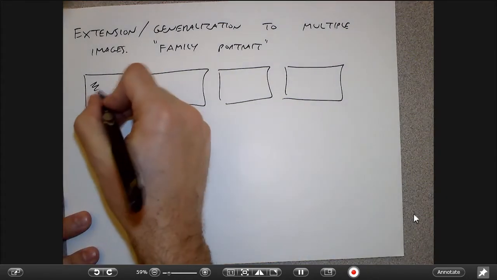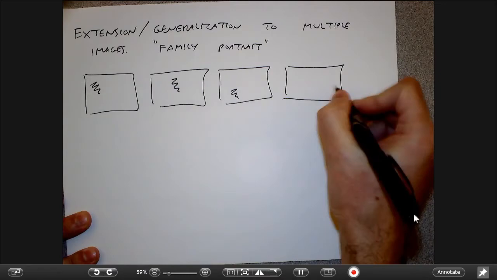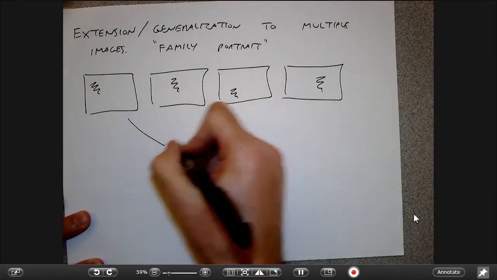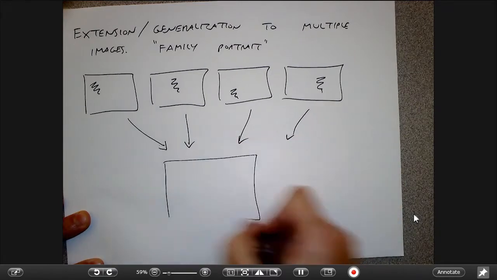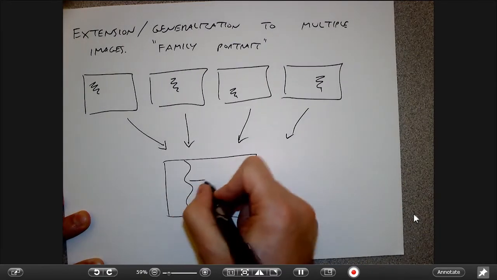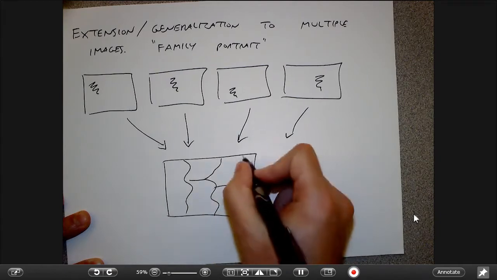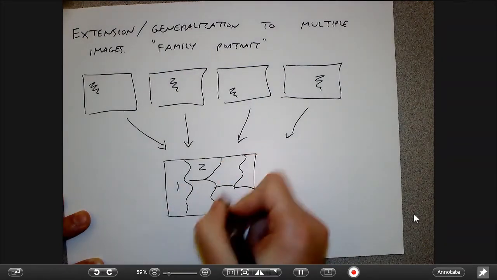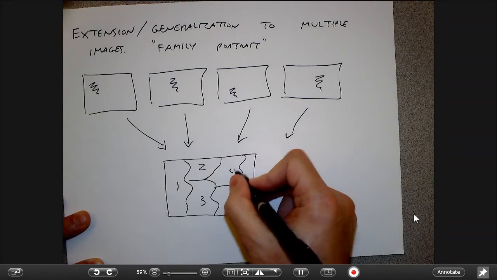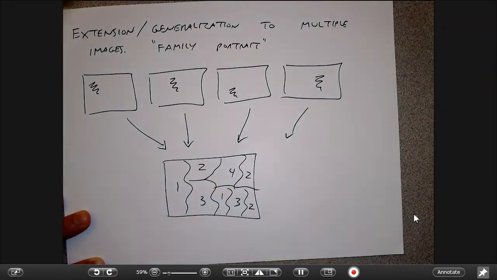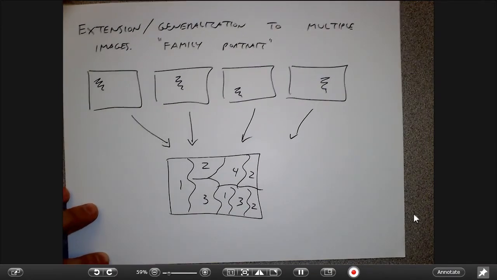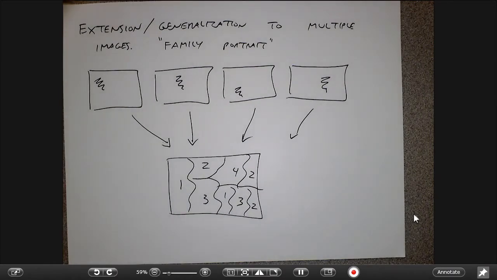It's kind of like saying, okay, I want this person from here, and this person from here, and this person from here, and this person from here. Then these all go into some algorithm, and the result is something where I have multiple seams. You might imagine it looks like some kind of paint by numbers thing where, in different regions of the image, I'm taking different pixels, right? So the good news is that this can be done. The bad news is that it can't quite be done directly with graph cuts in the same way.